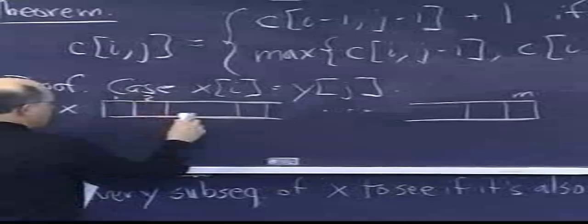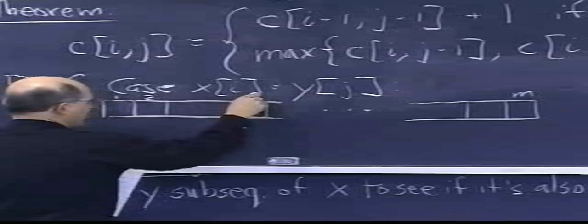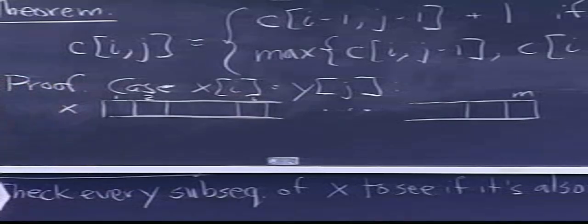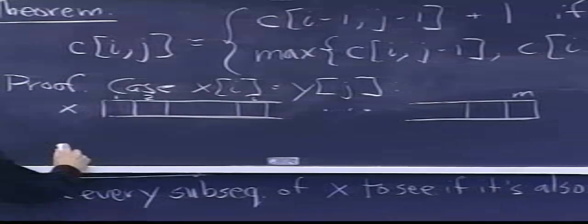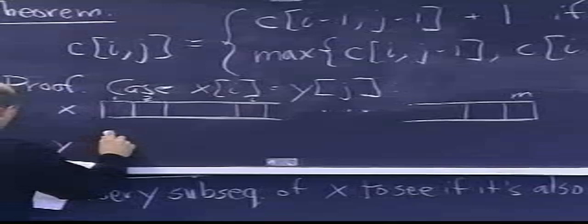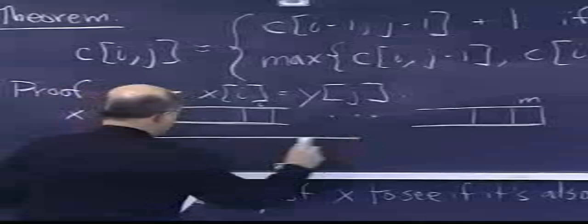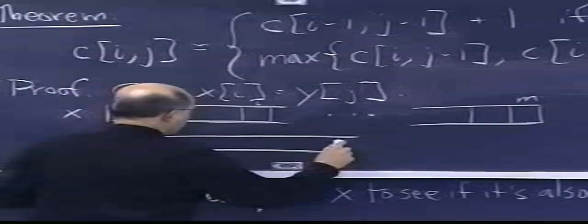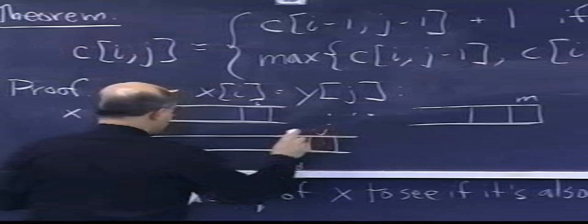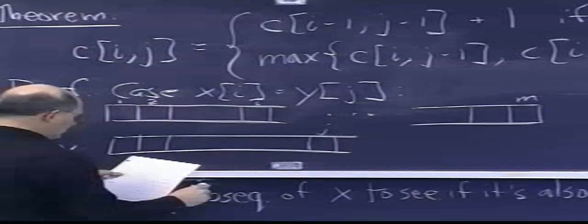So we have 1, 2, and let's let that be I there, position I. And then down here we have y, which is going to be position j.